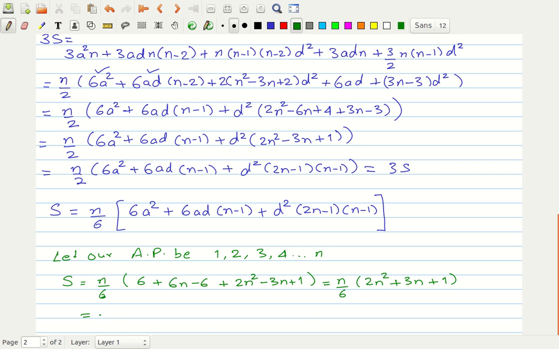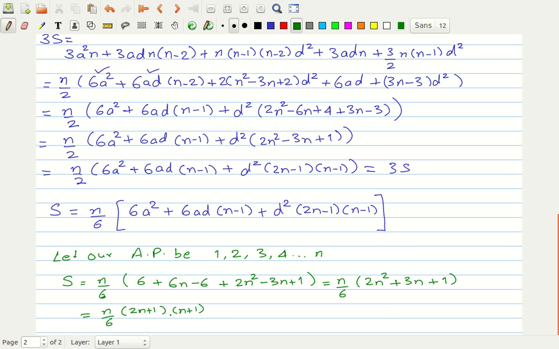Therefore the sum of the squares of n natural numbers is equal to n by 6 times, this can be factorized as, you can see that 2 times 1 is 2 and the sum should be 3n, so it is 2n plus 1 times n plus 1, and this is the formula for sum of squares of n natural numbers.